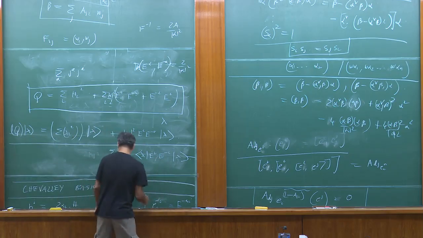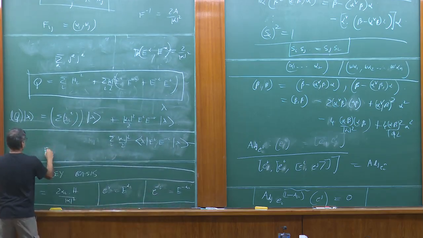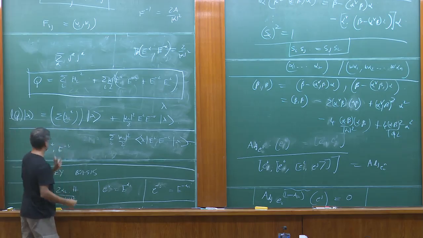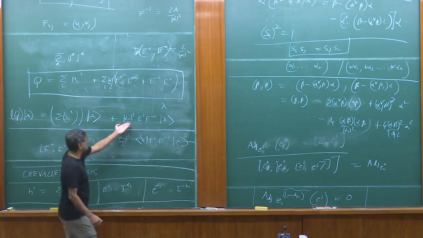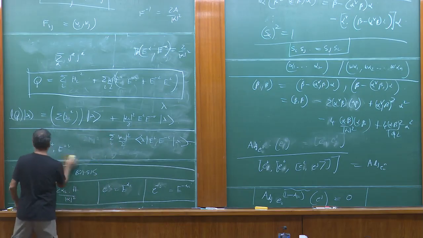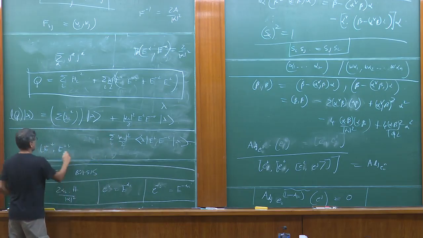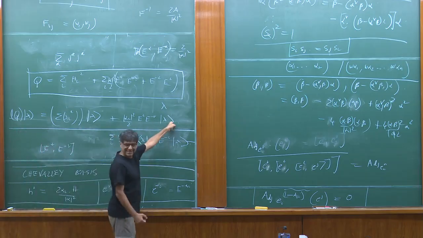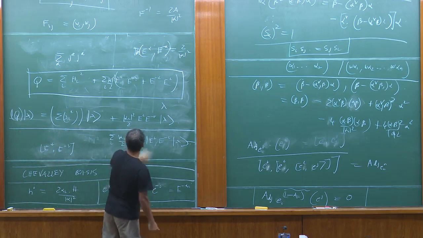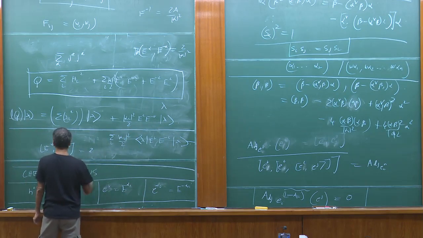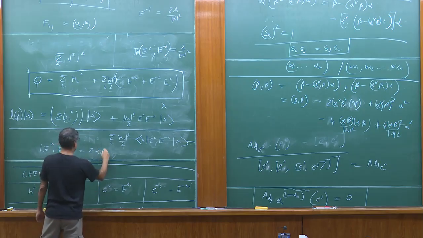Okay, so I take E_i E_minus i, and then I take this through. Yeah, I could have done it without taking the inner product. It's true. I take this through, and that kills it. So all that remains is the commutator, and the commutator was equal to 2 alpha_i dot H divided by mod alpha_i squared.